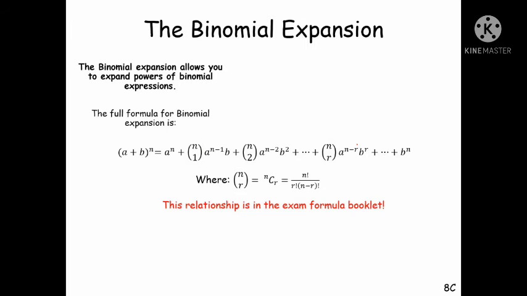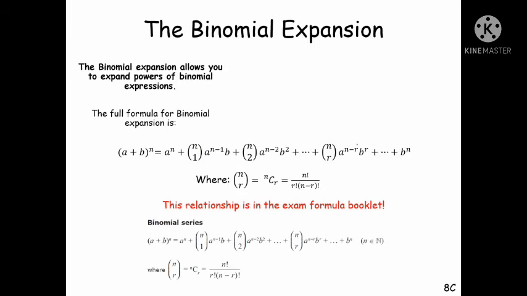This relationship is in the exam formula booklet that you are given in the exam, and you can refer to it, the binomial series. It is exactly the same as what I wrote above. There's nothing different between the exam one and the one on the board there.